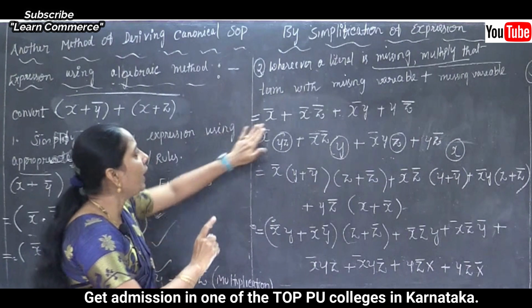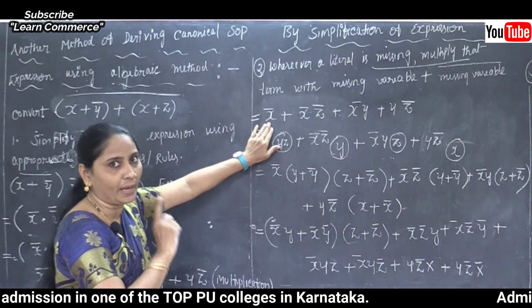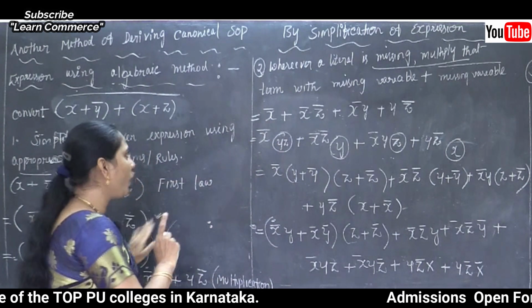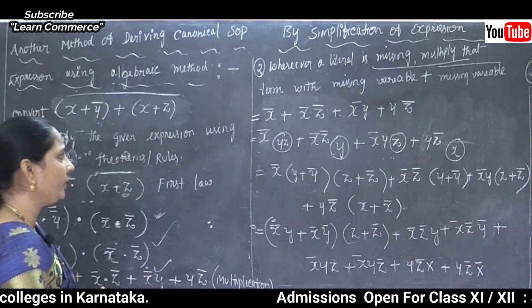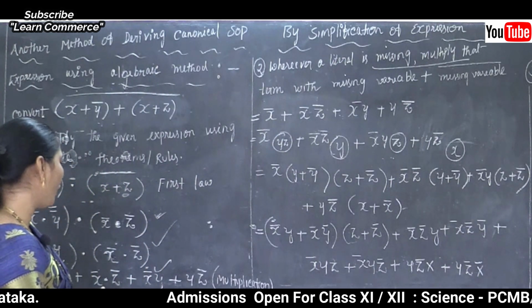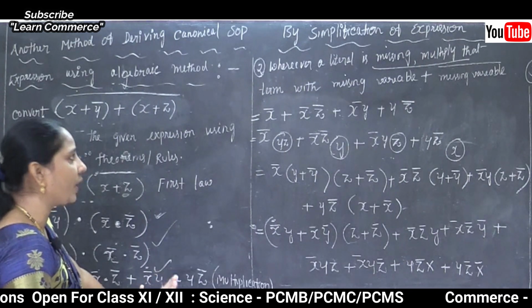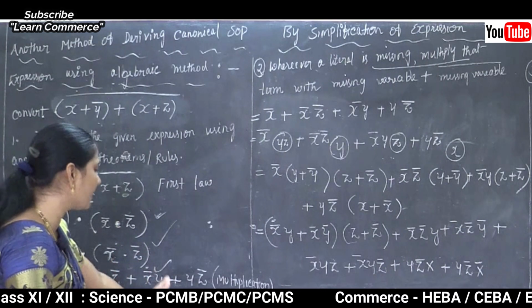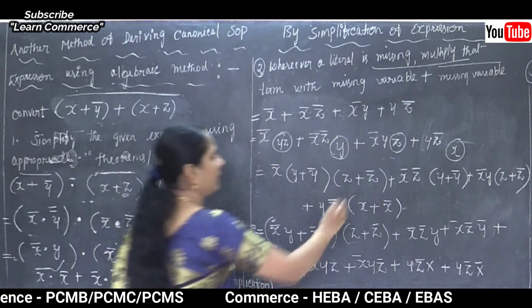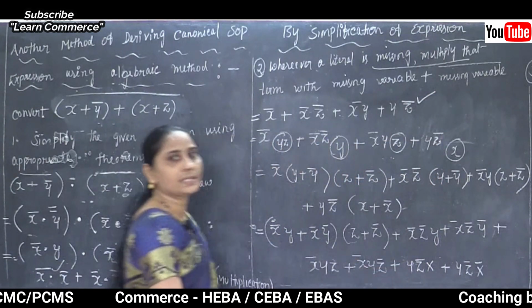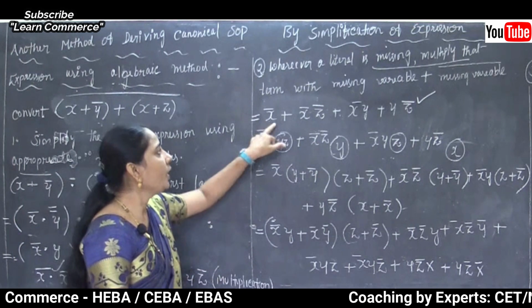So I just used complement of x here. So complement of x plus complement of x and complement of z as it is, no changes, plus complement of x y as it is, no changes, plus y complement z, clear this point. So now we are in this line. Now this is our line.